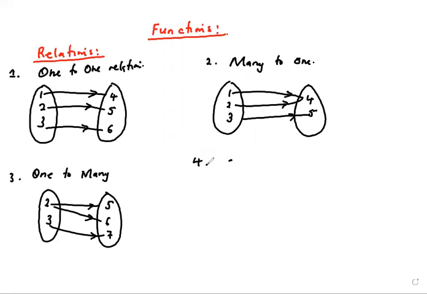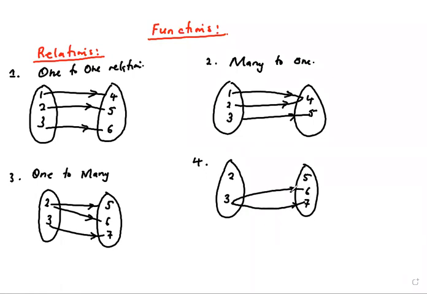And the fourth one, we have 2, also have 3, 5, 6, 7. This goes there. The same guy goes there. 2 goes to 6, and 2 goes to 5.